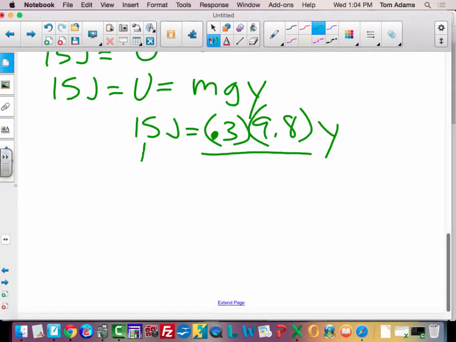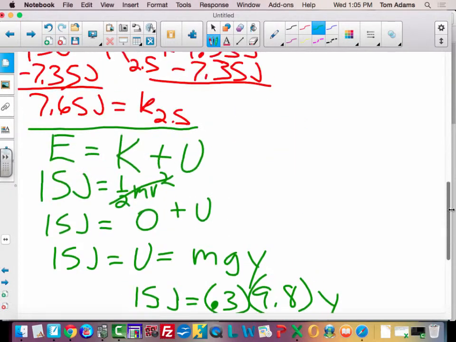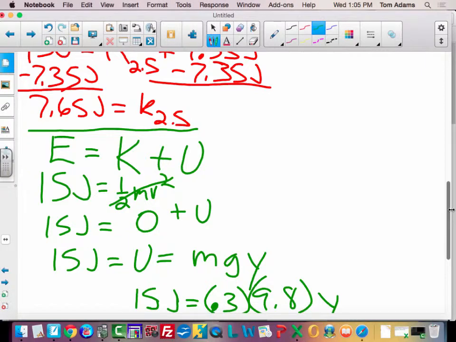What is 0.3 times 9.8? It's 2.94. That's right, because the kinetic energy is 0, this whole thing can go away, so U equals 15.